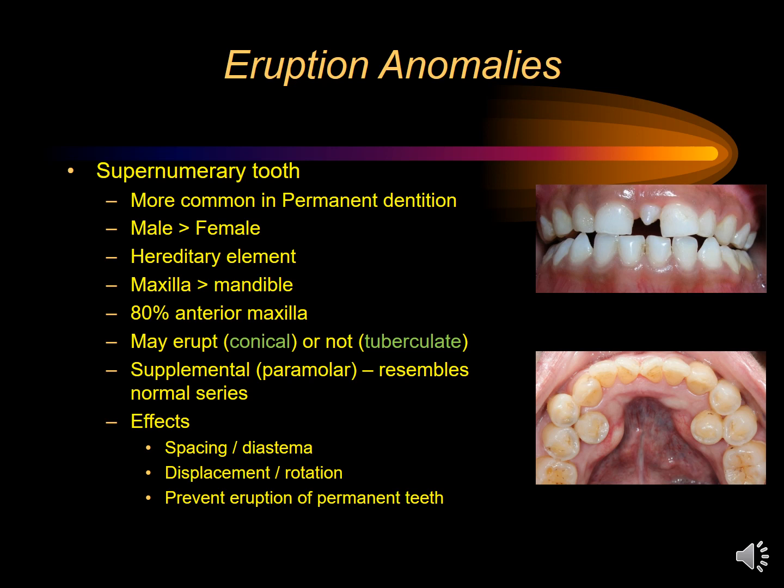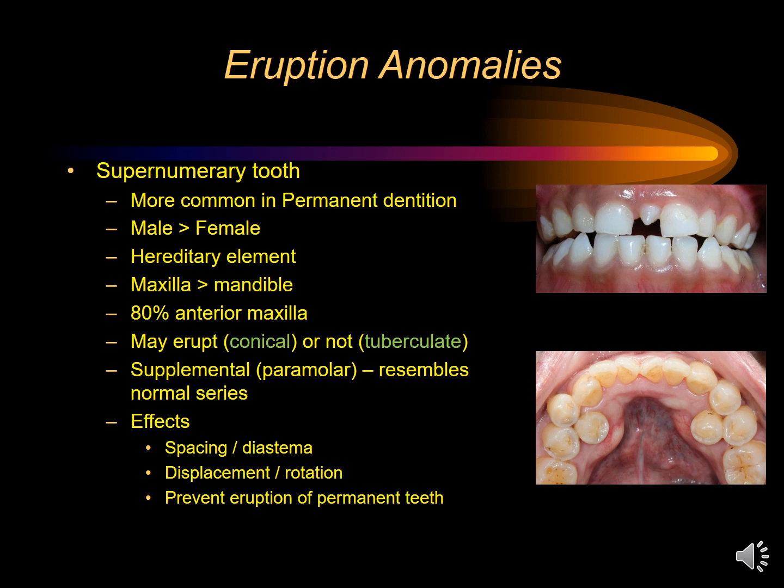It can be an erupted supernumerary or conical supernumerary, or it may be an unerupted supernumerary, which is called a tuberculate supernumerary. A supplementary supernumerary resembles a tooth of a normal series, and when it happens in the posterior part of the arch, it is known as a paramolar.